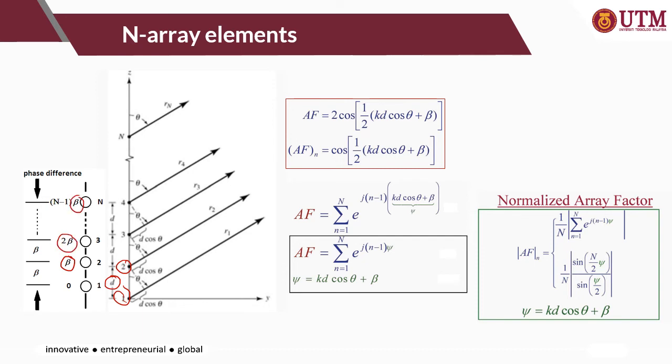The array factor of N array elements may be simplified in exponential form as e to the power of j(N minus 1) psi, where N is the number of elements and psi is given by kd cos theta plus beta.